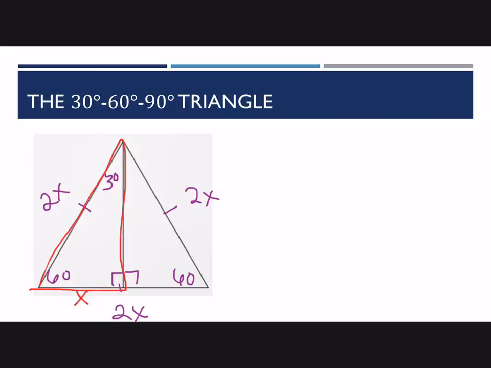I can use a triangle congruence proof to show that this side is split up into x and x. And then I need to know what this third side is. So let me do the Pythagorean theorem to figure it out.